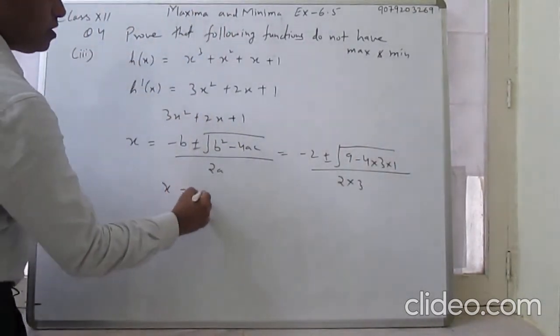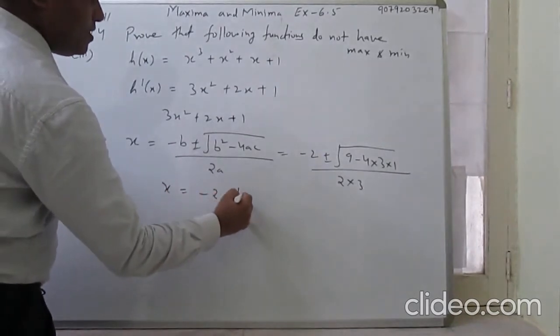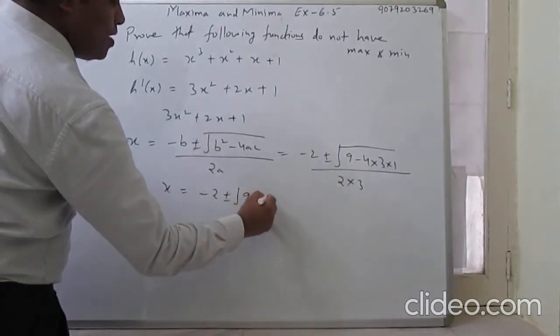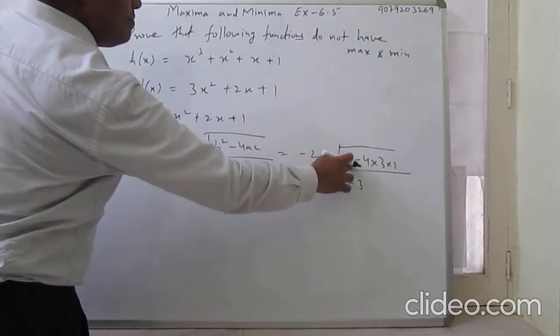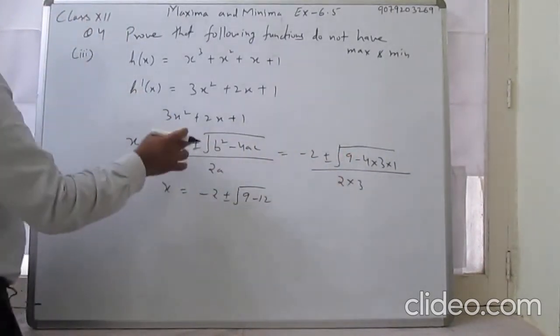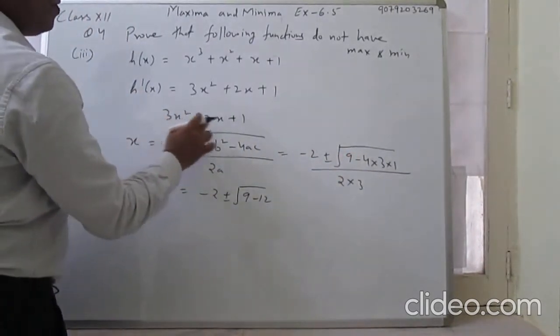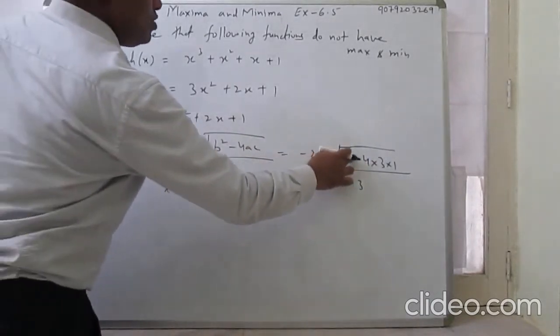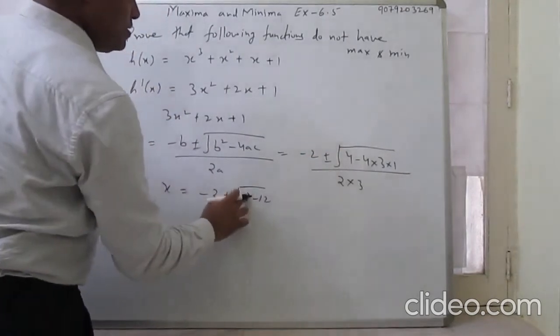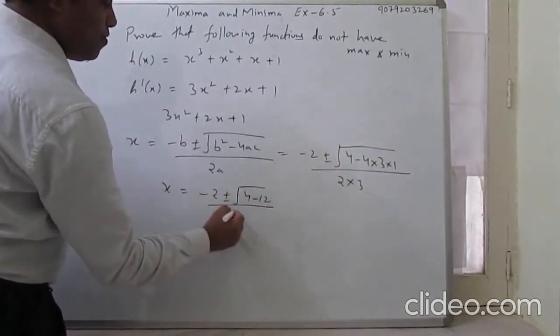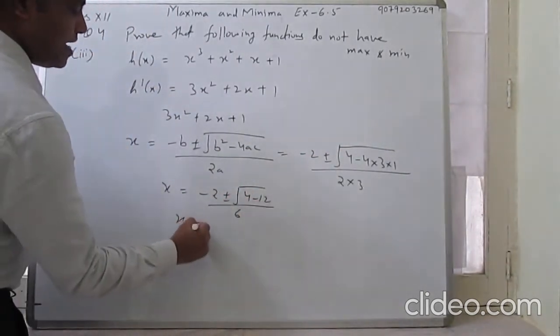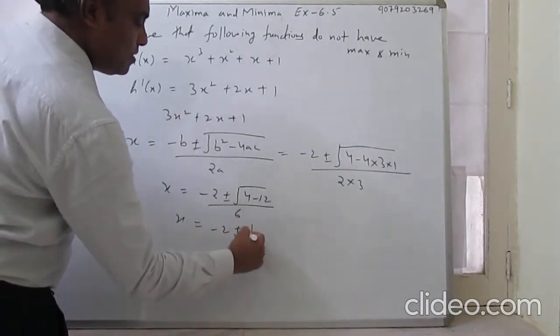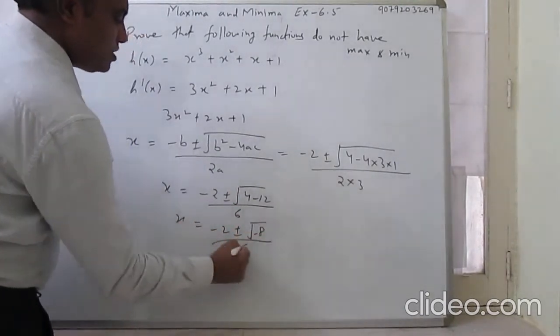So x is equal to minus 2 plus minus under root 4 minus 12 upon 6, which is minus 2 plus minus under root minus 8 upon 6.